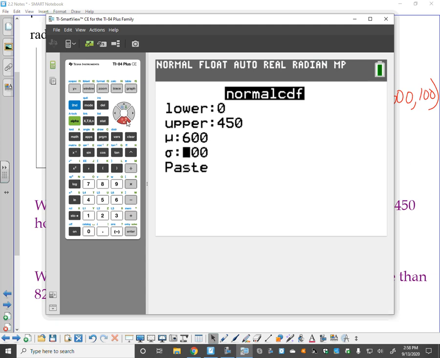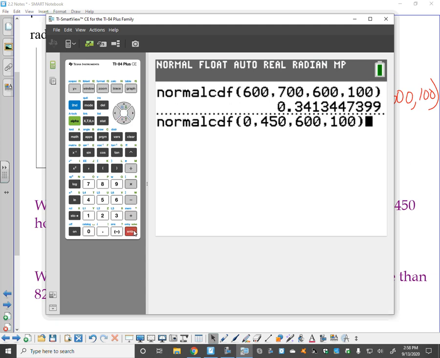And my mean and my standard deviation are the same. Now, I got 6.681%. One more time, because you have to be right to 3 decimal places. 6.681%.